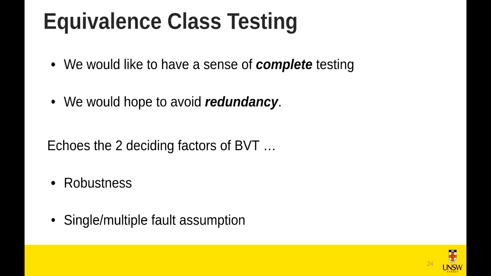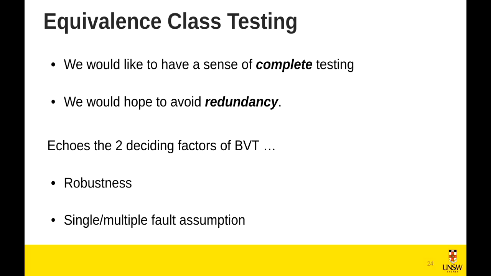The remaining two types of boundary value testing are worst case boundary value testing and robust worst case boundary value testing. The difference between the worst case and the normal boundary value testing is about the assumption of single fault.